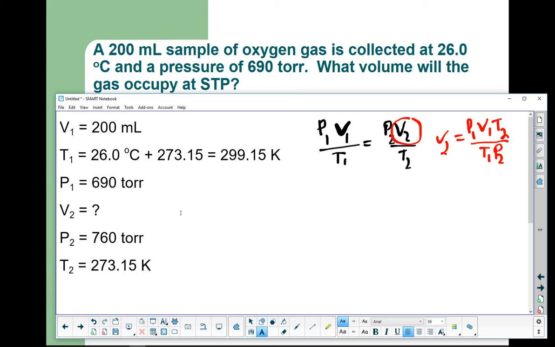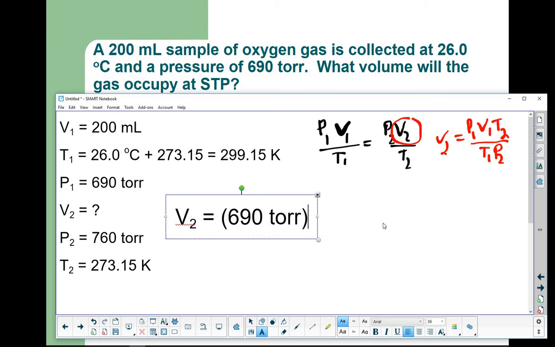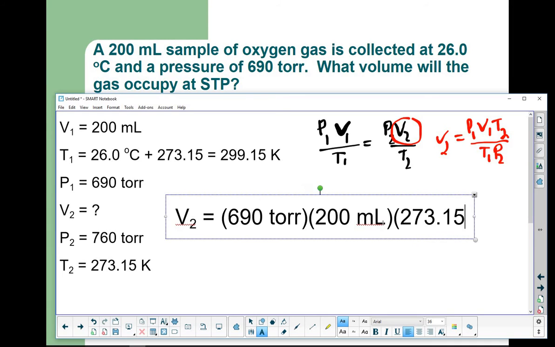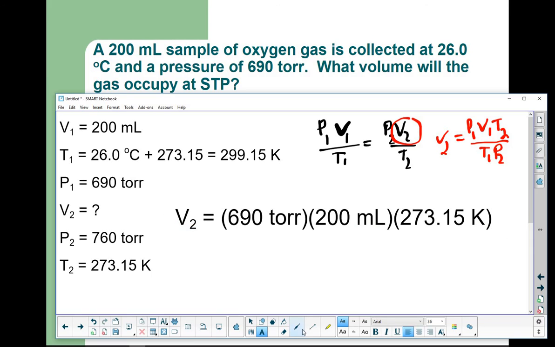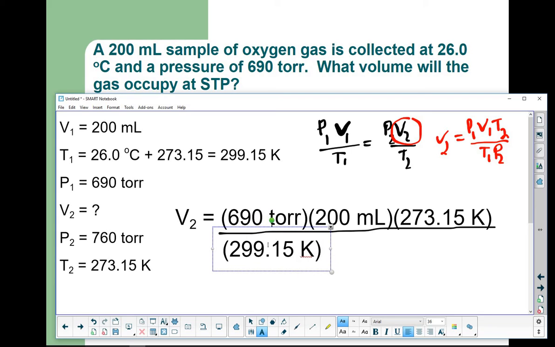Okay, so now plugging in everything, V2 would be equal to P1, which is 690 torr, times V1, which is 200 milliliters, times T2, 273.15 K. And I'm going to divide that all by T1, which is 299.15 K, times P2, which is 760 torr.